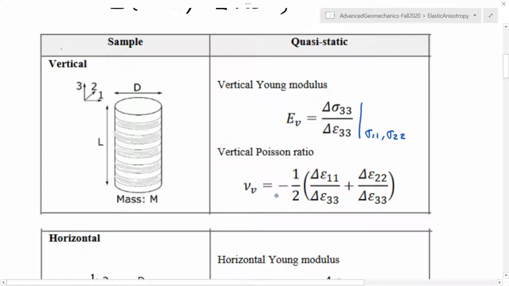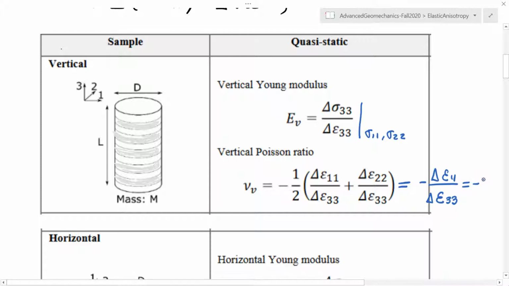I'm just making an average, but it's going to be defined as negative of the variation of epsilon 1 divided by the axial strain; this is the radial expansion divided by the axial contraction, and in a perfect VTI medium this should be the same.